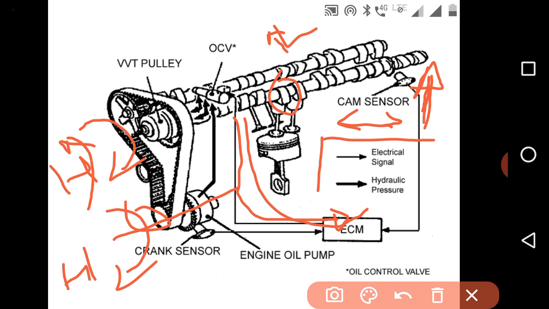Depending on that, it will apply the forces on the camshaft to retard or advance with reference to the crankshaft.